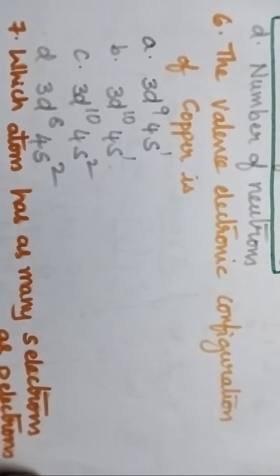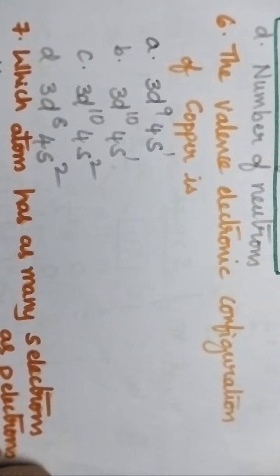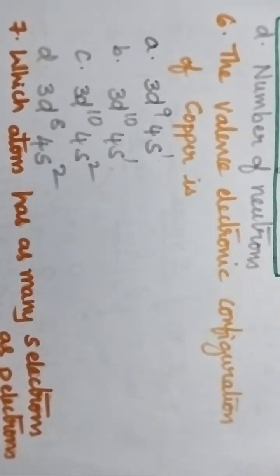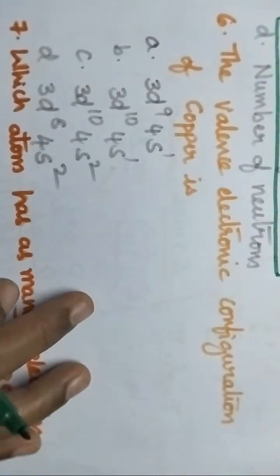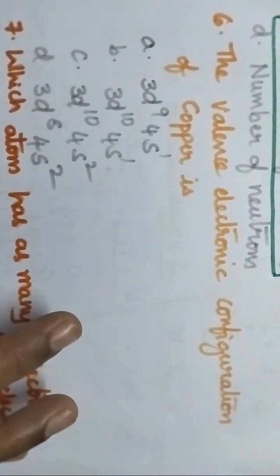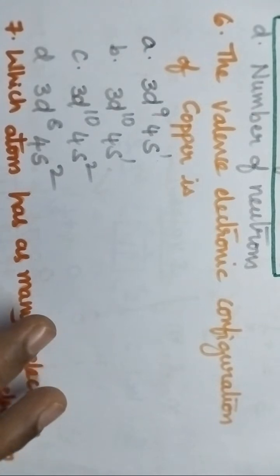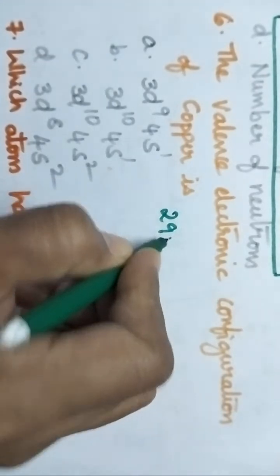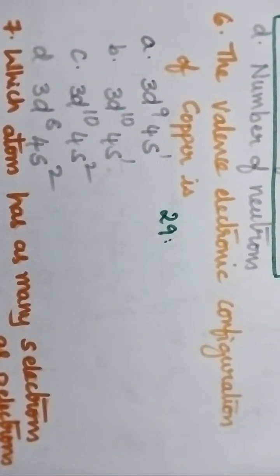The valence electronic configuration of copper is. What is the right option? You are supposed to guess the valence electronic configuration of copper. So what is the atomic number of copper? 29. Just now we discussed the configuration.